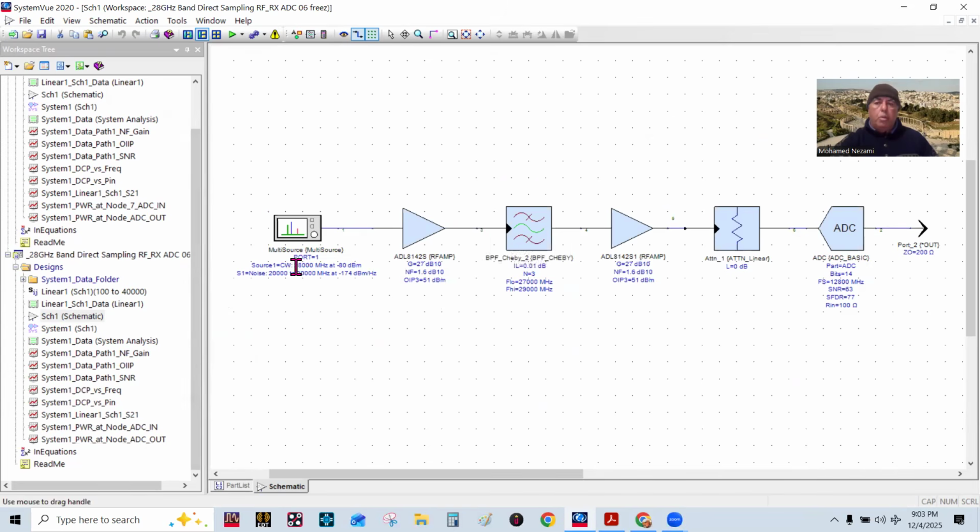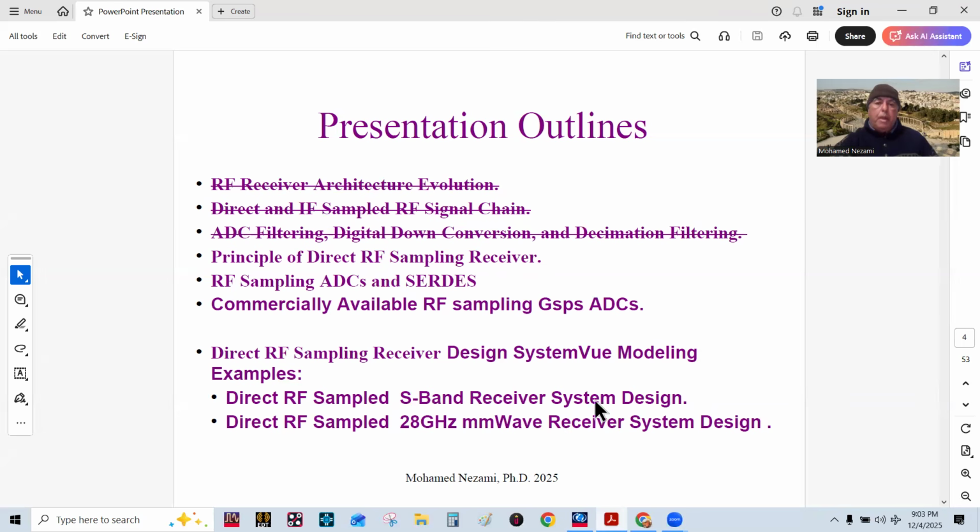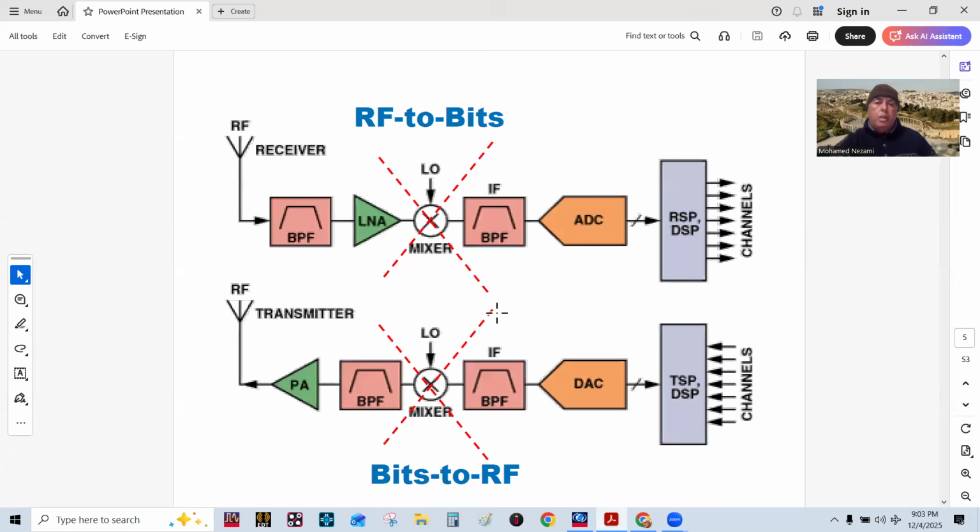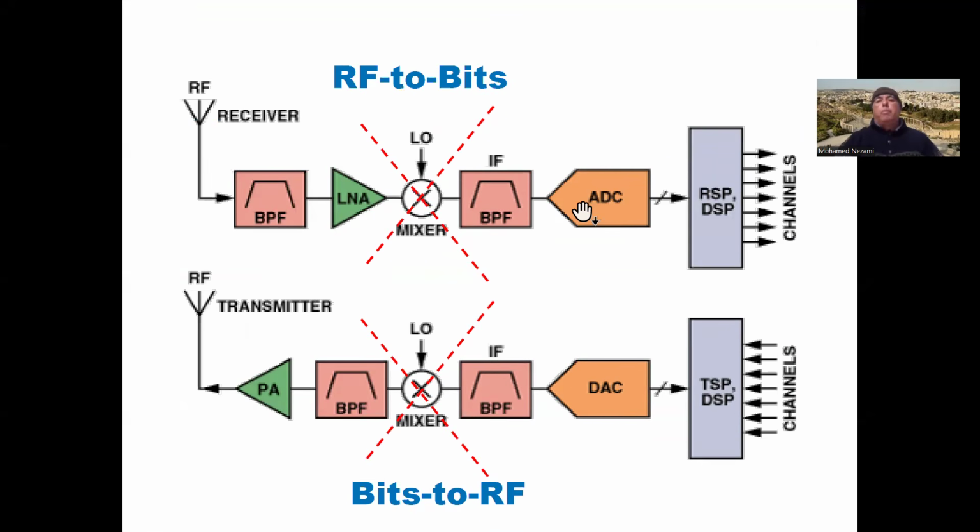So I'm going to go through this, and the plan is that we want to survey this and eventually get to the point where I talk about how you design this chain. How do you distribute the gains, the noise figures? How do you model the A to D as part of an RF chain with an associated noise figure as well?